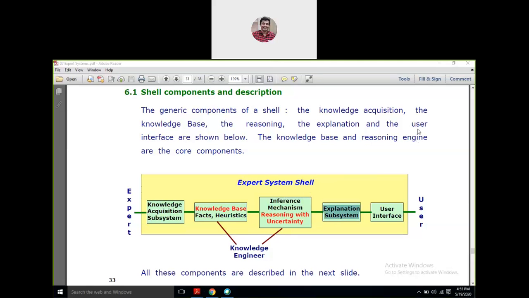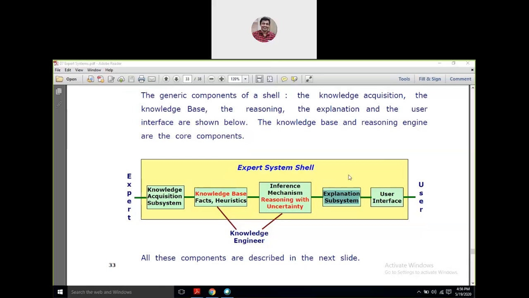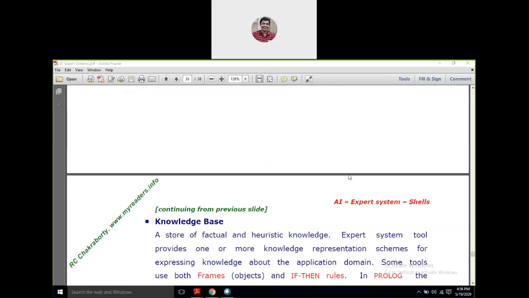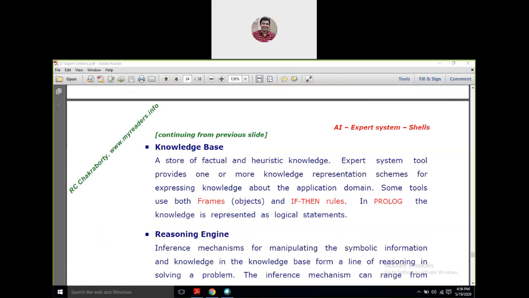Now we have to see all these components one by one. Knowledge base, we have gone through it, comprising maybe the if-then rule conditions by which we can store the rule base, or we can even arrange the knowledge in the form of frames or semantic nets.